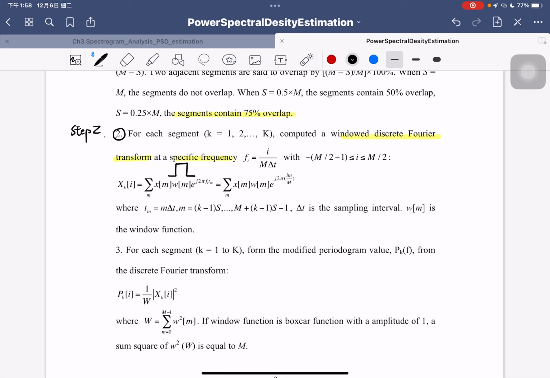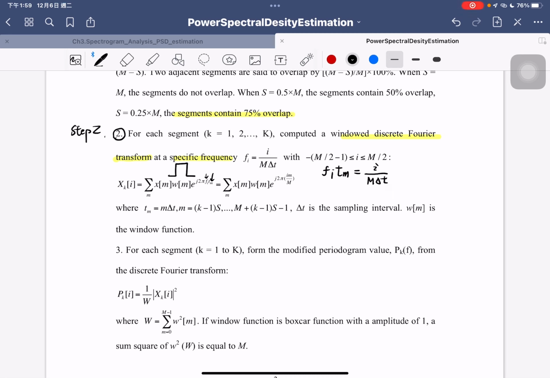Okay, so you can see here we have the Fi, and this is the time Tn. And how can we decide the Fi? The Fi indicates the frequency point. So we have the i divided by m delta t. The m is the total data points for each segment, and the delta t is the sampling interval.